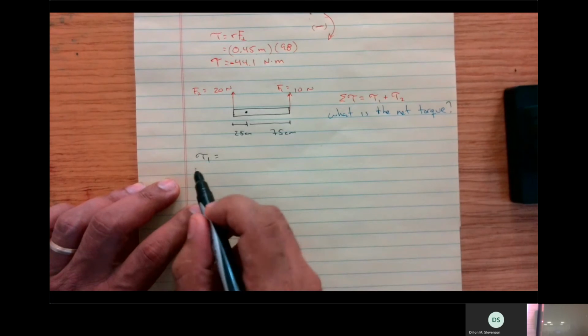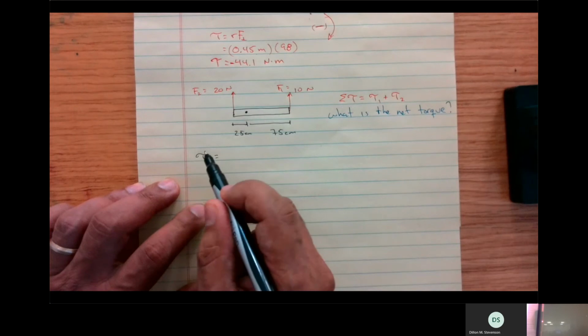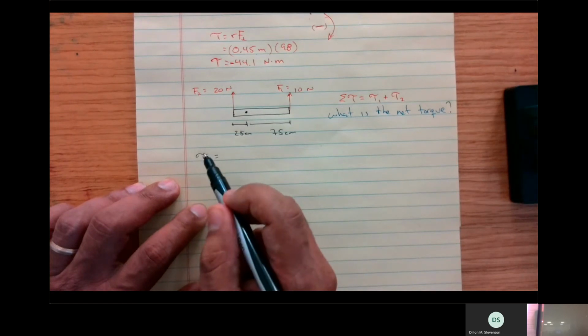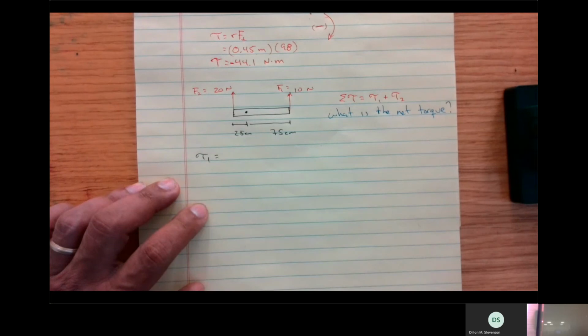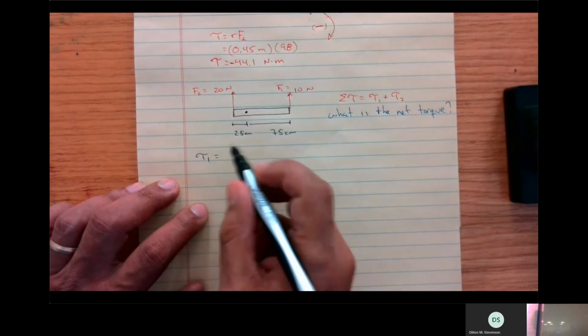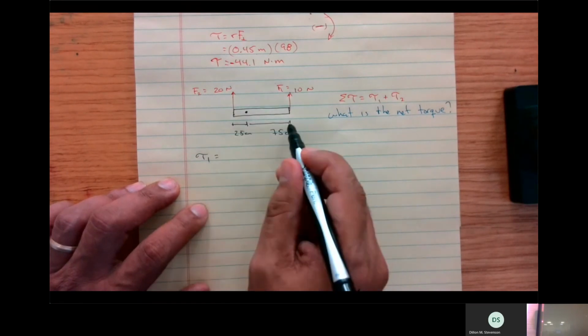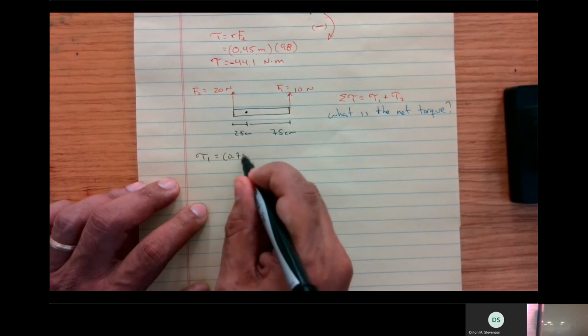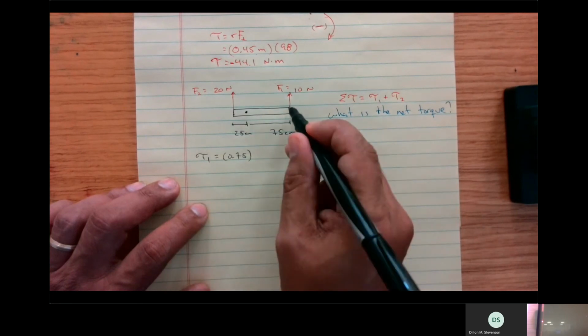Eventually, we're going to be working with periods and time, and we use t for that one, and it gets a little bit confusing. So try to do the tau or a fancy t just to distinguish it from other units. So you have tau 1, and that's going to be the distance, which is 0.75, times the force, which in this case is 10 newtons.